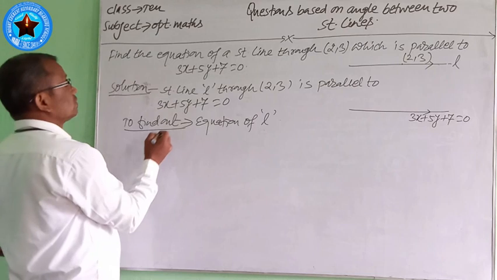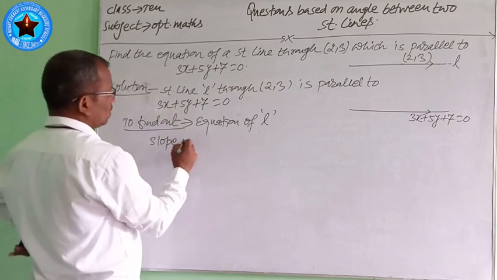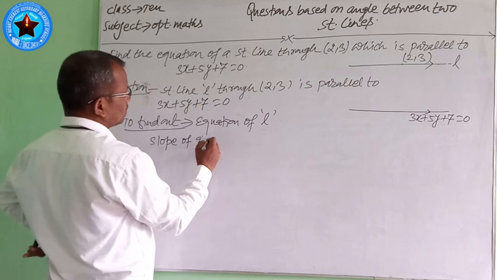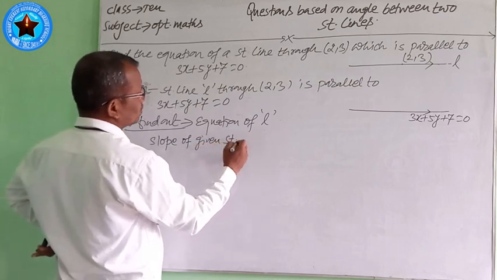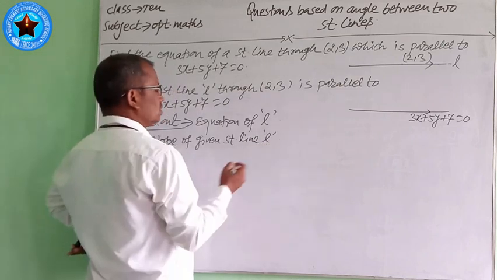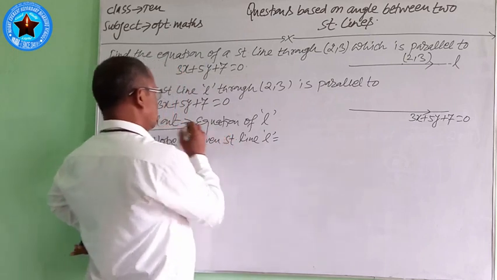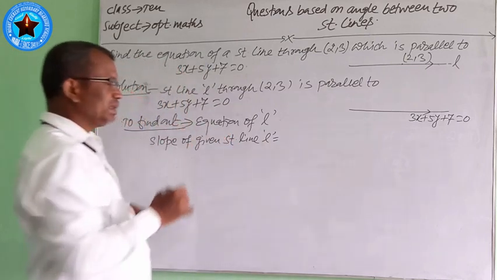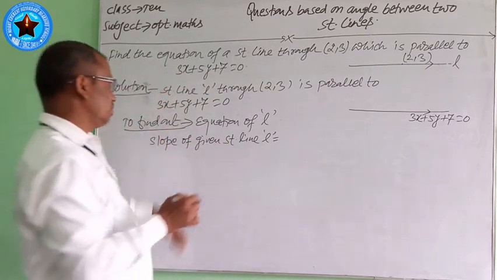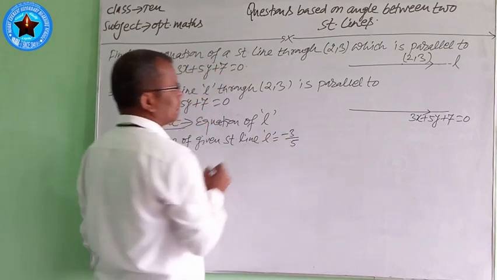Here the slope of the given straight line equals minus coefficient of x by coefficient of y, that is minus 3 by 5.